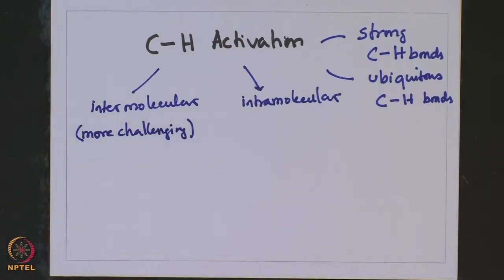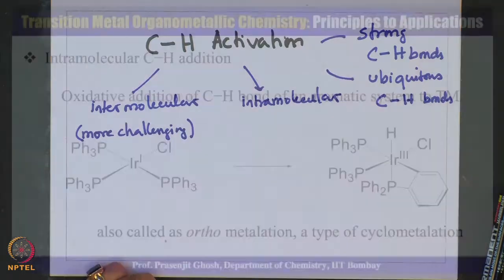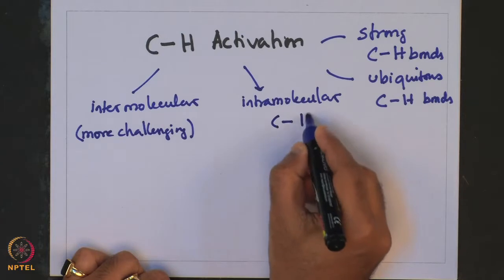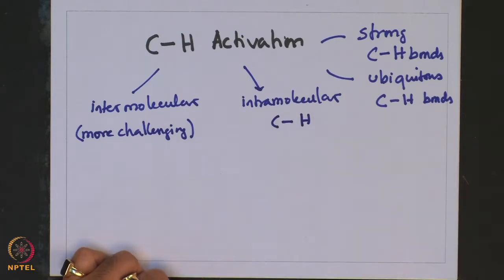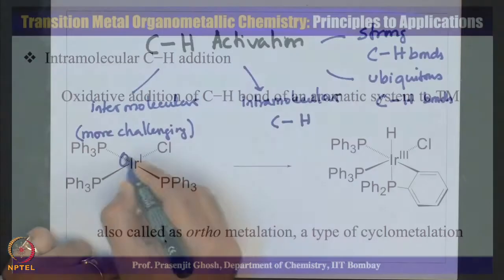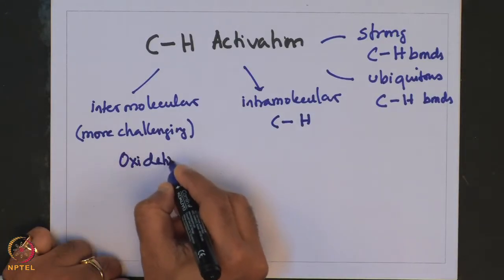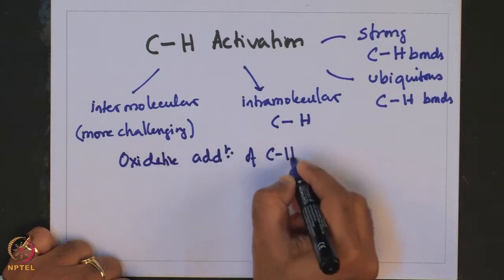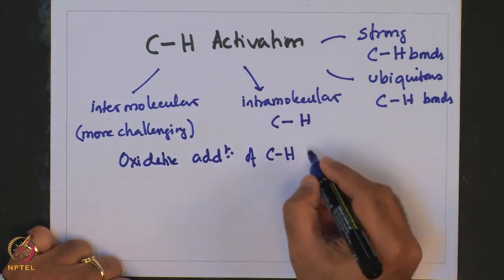Now, in our discussion on CH activation in the last lecture, we started off with looking at intramolecular CH activation reactions. One example that we looked at was the oxidative addition of a CH bond of an aromatic ring onto a transition metal.